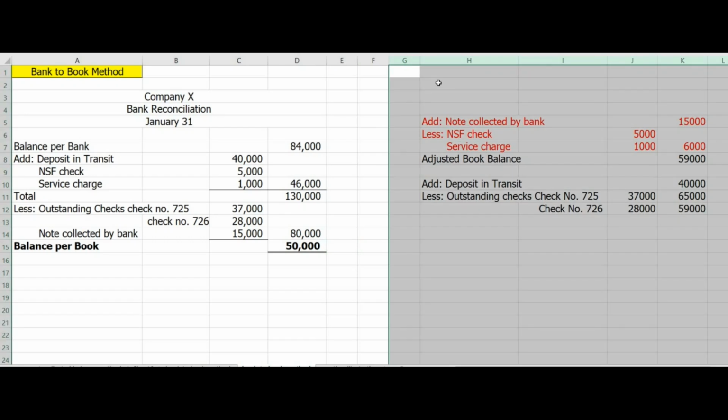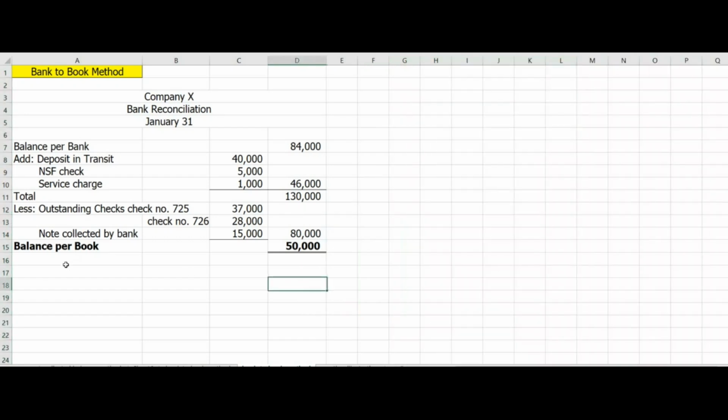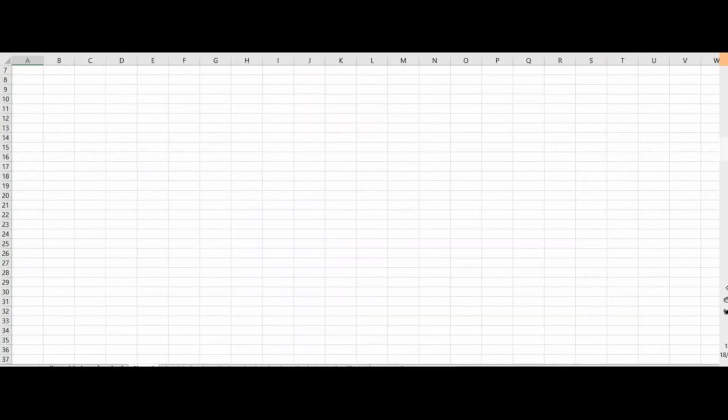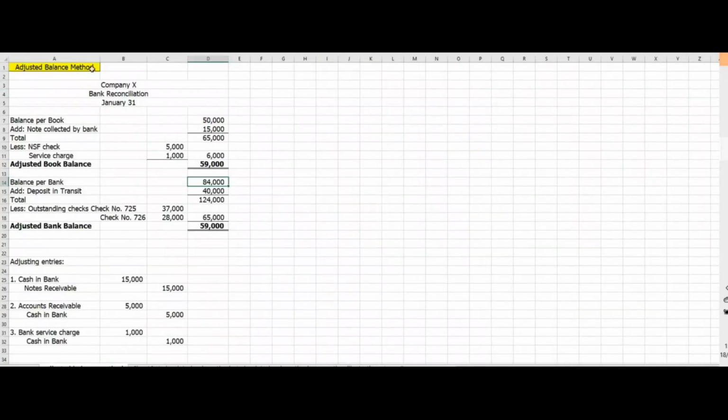Na? So, take note class na pwede naman class na example, no? Meron ka ng adjusted balance method. So, for example, meron ka ng adjusted balance method.